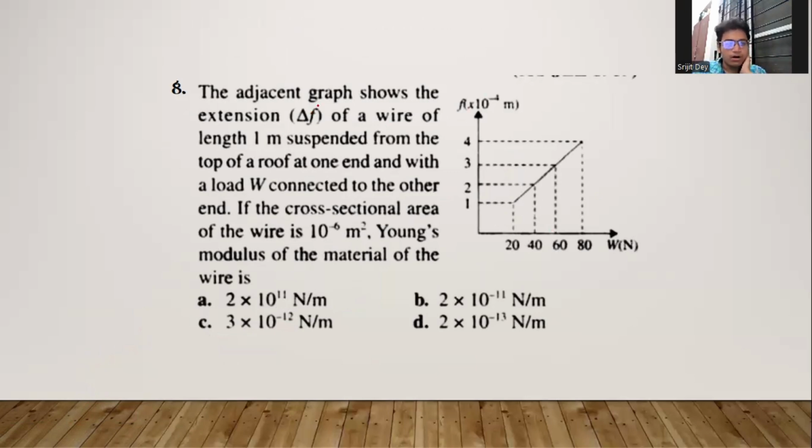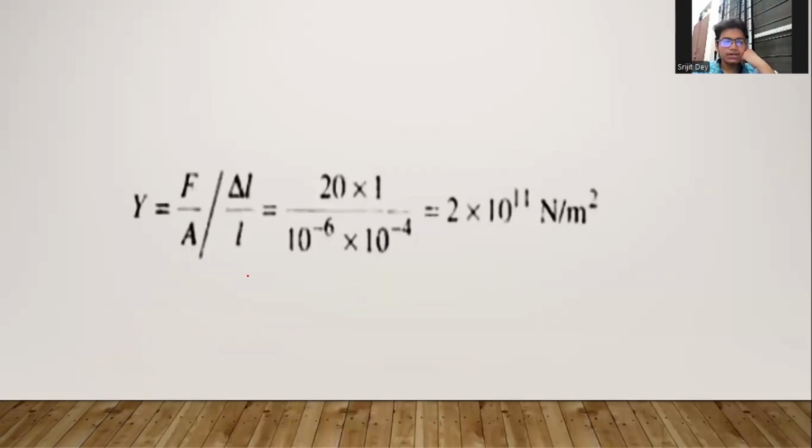This is your del F. That's your force. Sorry, that's your change in length, and this is your N, and the slope is given. So basically, they wanted Young's modulus. So you know Young's modulus is pressure by change in length. Okay, that is your differential change in length by pressure.